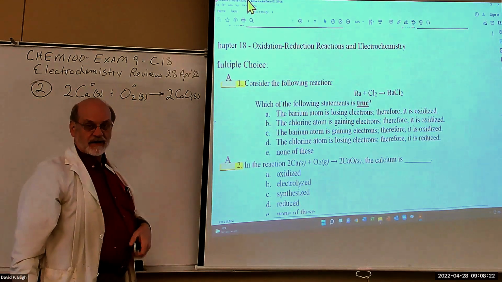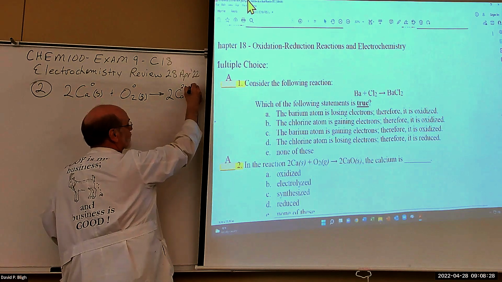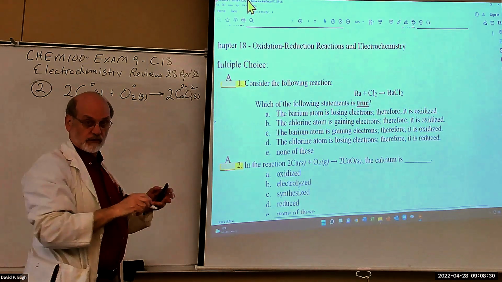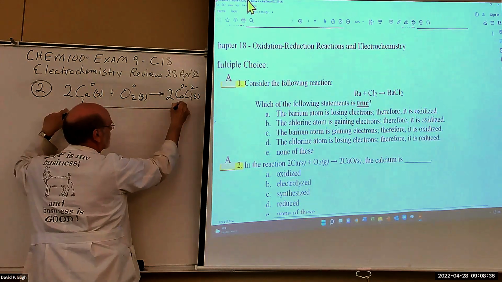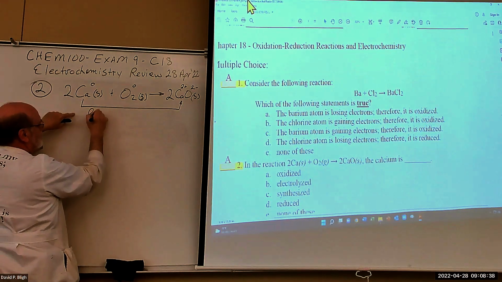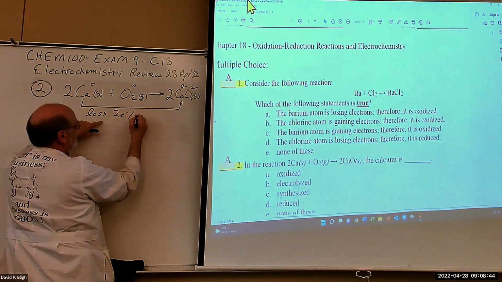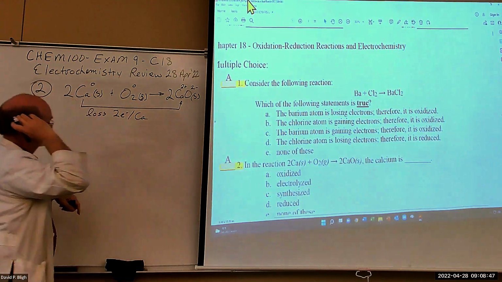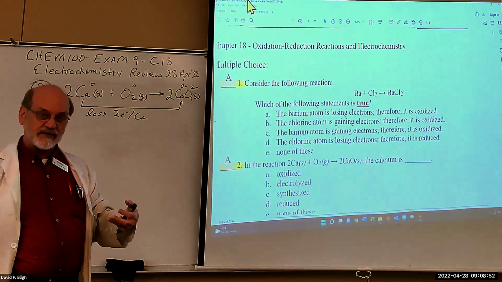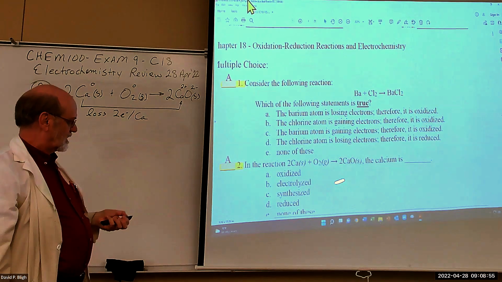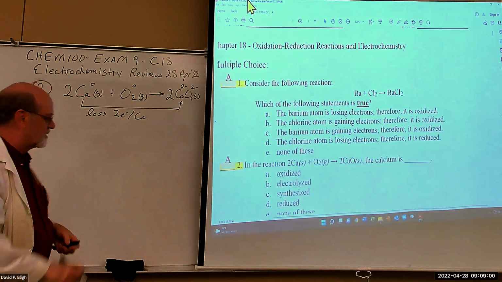Calcium is an alkaline earth, so in compound, it's going to be 2 plus, and oxygen is 2 minus from our rules. So this calcium went from here to here, and it had to lose electrons. 2 electrons per calcium. Okay, so if it lost electrons, that means it was oxidized. And there's your answer. Calcium is oxidized.